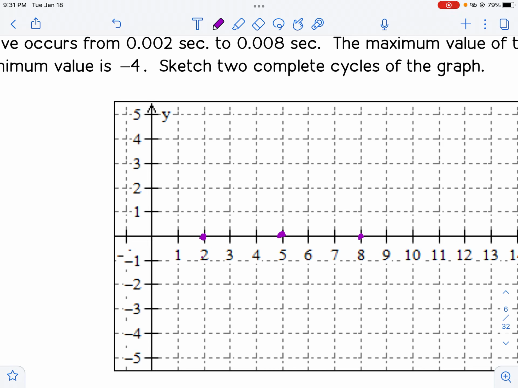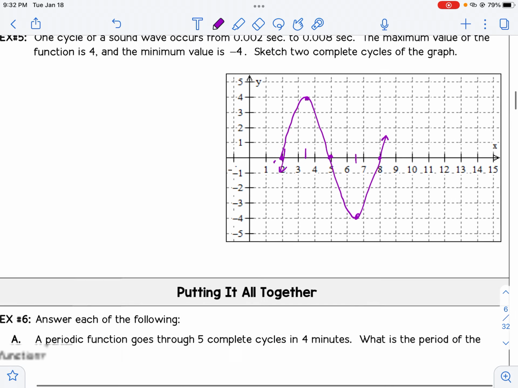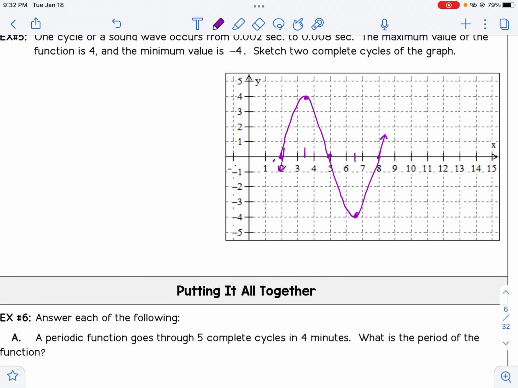Then it also tells me that the maximum value is 4 and the minimum value is -4. So halfway between these 2 points would be +4. Halfway between these two would be -4. So that's what my curve ends up looking like. That's the nice thing about periodic functions: when they repeat over time, they form a pattern. A lot easier to work with those patterns.